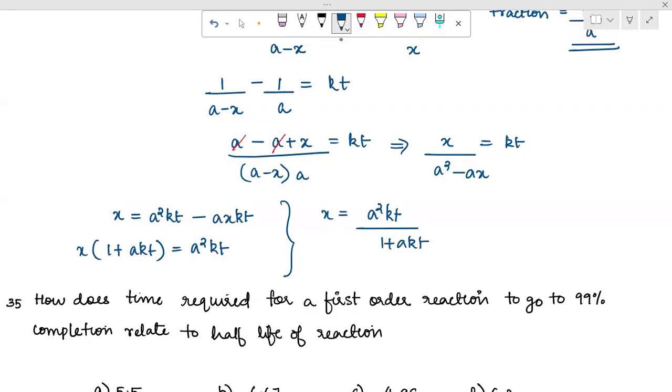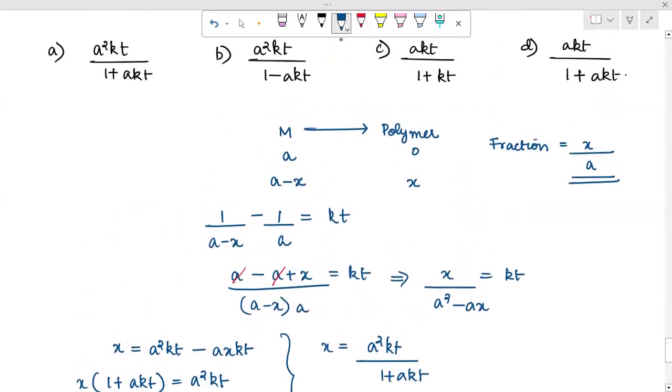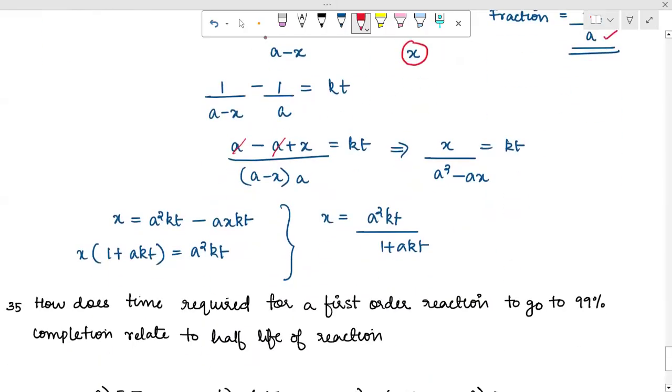Now look at the options. This option is there, a square kt by 1 plus akt, but this is not the answer. They have not asked for the amount of the polymer formed. They have asked for the fraction, which means you have to divide it. Fraction means you will divide a square kt by 1 plus akt, divided by a.